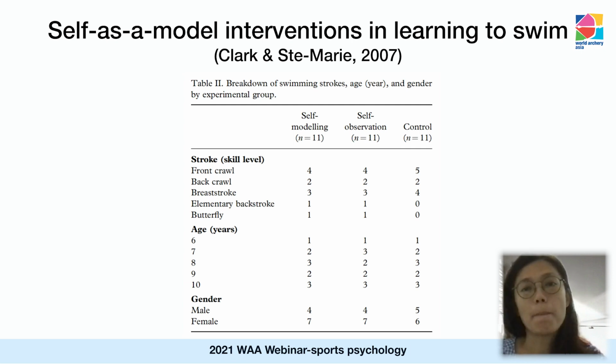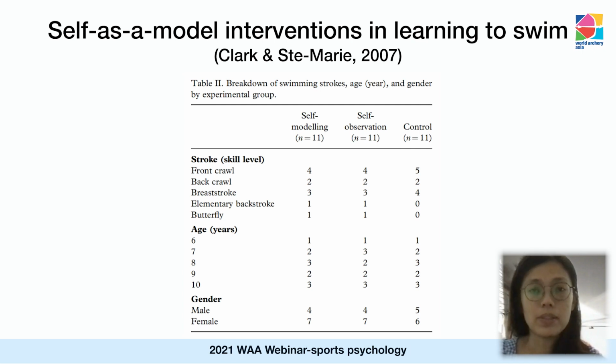So 3 groups of kids were investigated. They came to the swimming camp with similar skill level, and they are similar in terms of age and gender distribution.